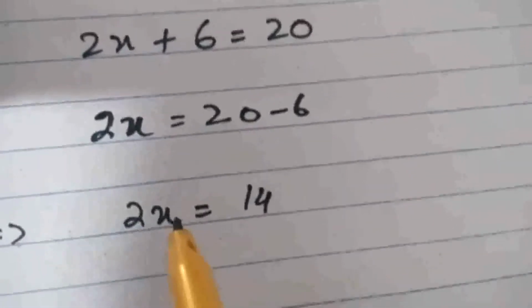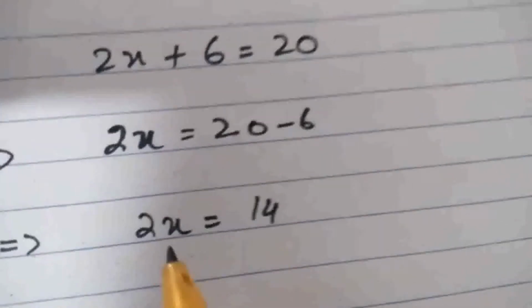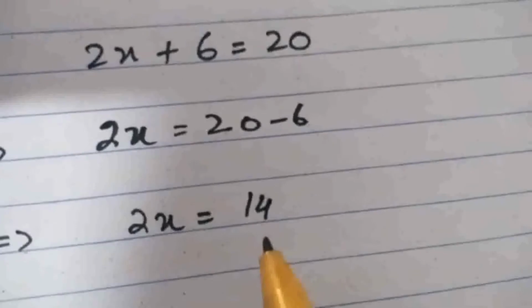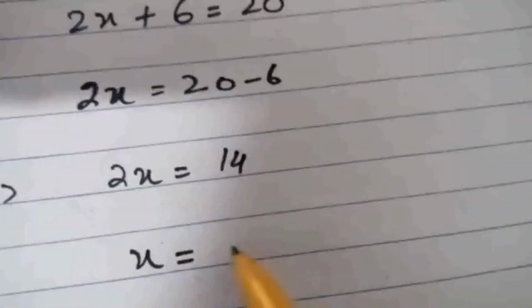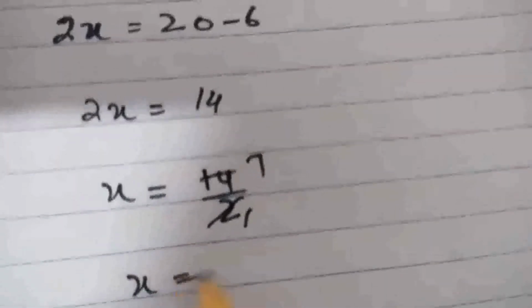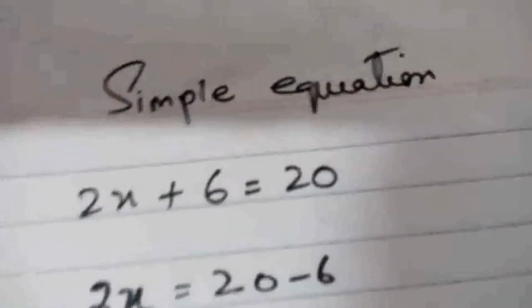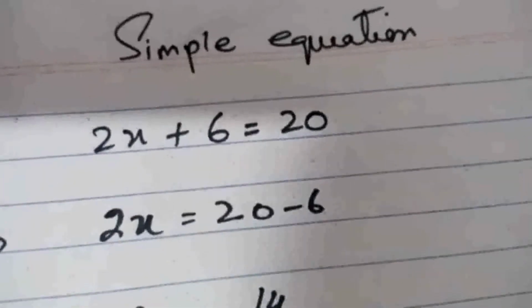Because 2 is multiplying x, if I change the side of 2, it will become the denominator. As a result we get the value of x, that is 7, and this is how we solve any given simple equation.